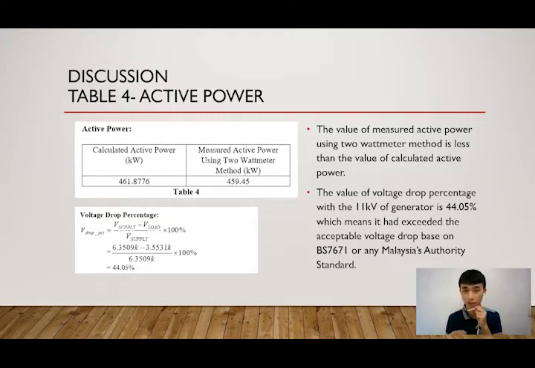So the measured active power using the 2 watt meter method is less than the calculated active power. And the voltage drop percentage with the 11 kV generator is 44.05%, which means it has exceeded the acceptable voltage drop based on BS 7671 or any Malaysia authority standard.